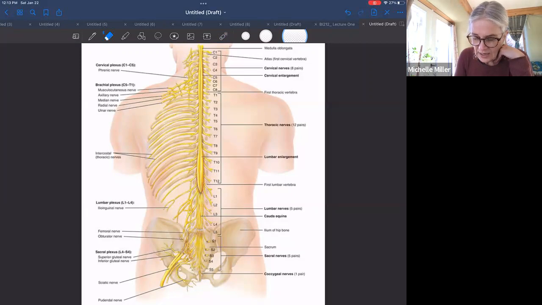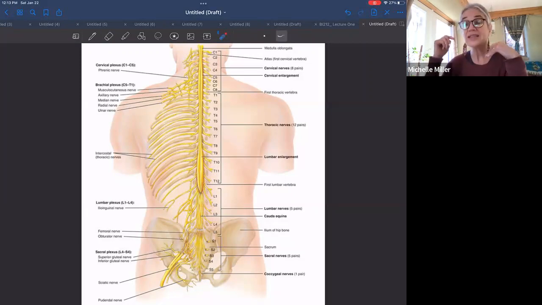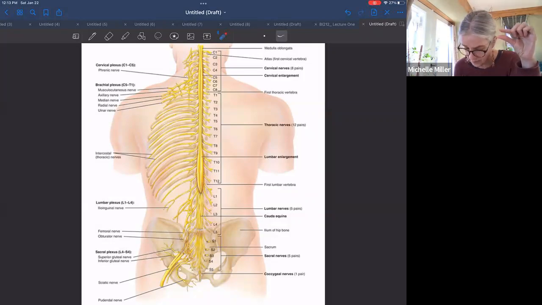If we had a herniated disc up here and it damaged the spinal cord, it's going to cause nerve damage all the way down. It's going to affect your arms and your legs, and it could cause you to become paralyzed, like a paraplegic or quadriplegic. But if you have a herniated disc down here, the most common herniated disc, that's the intervertebral disc between the two vertebrae, is L5 and S1.